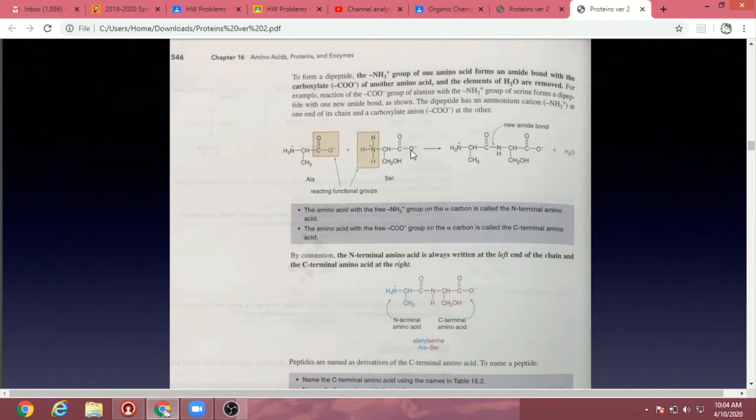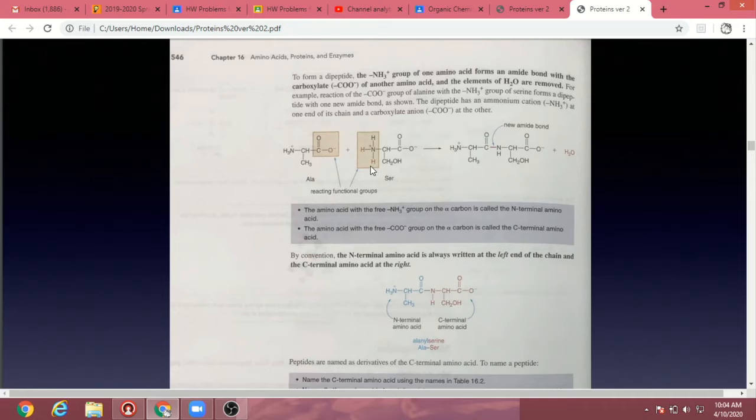And what happens is that the hydrogen of the amino group will come together with the oxygen and hydrogen of the carboxylic acid. And what you'll get is this amide bond, and you'll be losing water. Actually, let me say that again. I said that wrong.